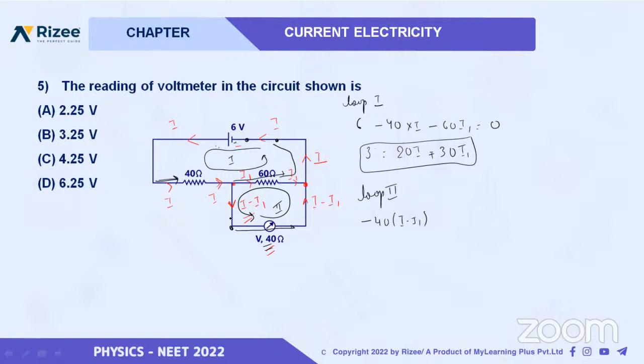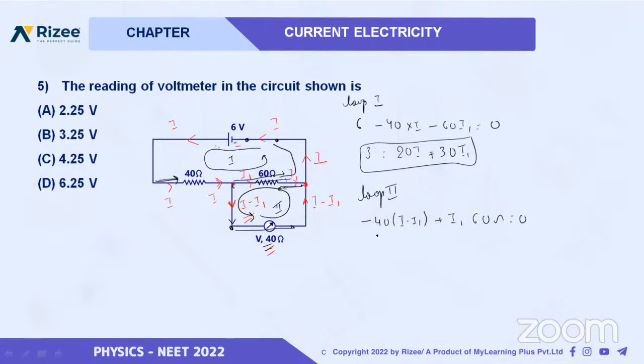You see, the current I minus I1 flows through it. Coming here, no resistance. Now in this direction, we are moving opposite to the current. I1 is moving in this direction and we are moving in the opposite direction, so we will say plus I1 into 60 ohm equal to 0. We reached the initial point.